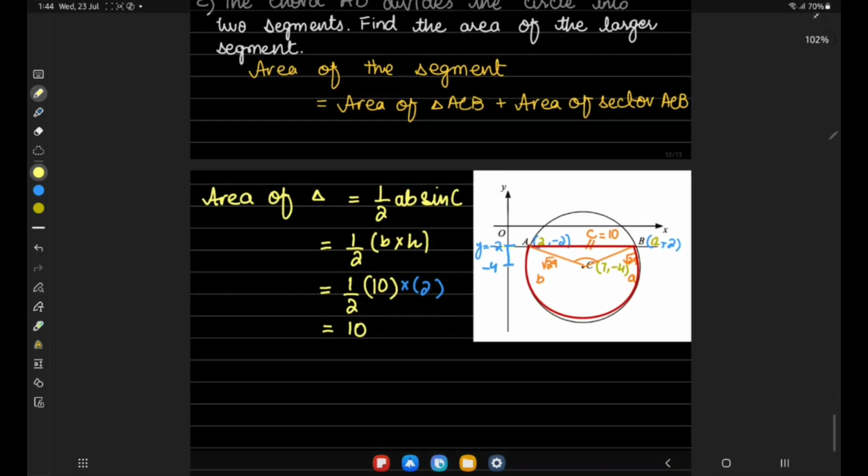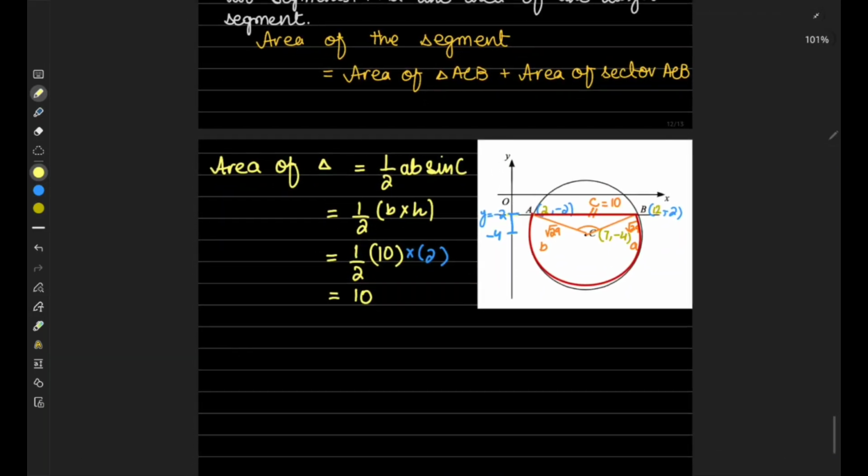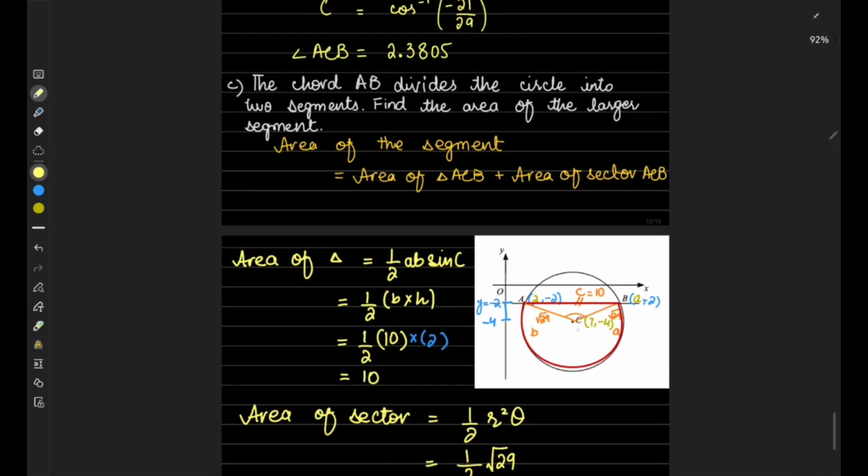Now, for the area of the sector, the formula is half r squared theta. Okay, and r is root 29, and theta is what you just found.